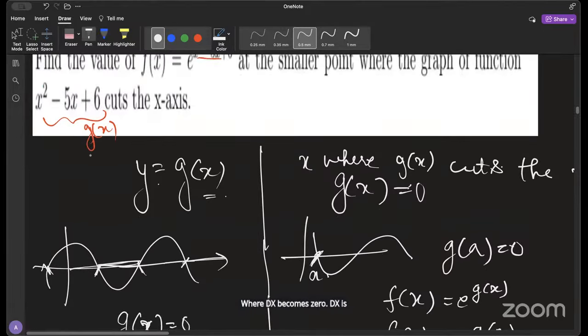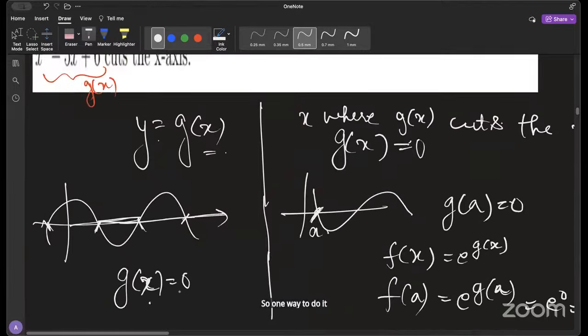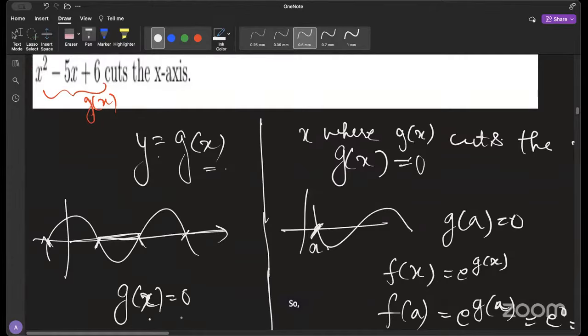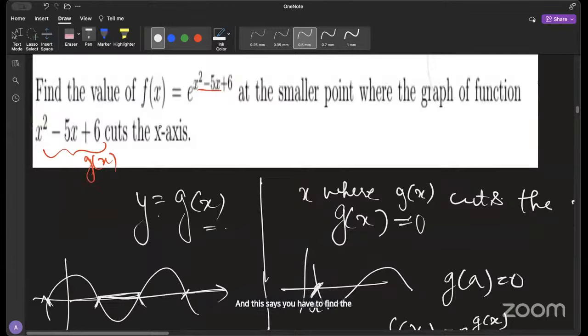g(x) is this, it's a quadratic function. One way to do it is to go on and find the values of x where g(x) becomes 0. This is a very easy quadratic function, so you can obviously find the roots, but that's not needed here. You have to find the value of this function at the smaller point of intersection.